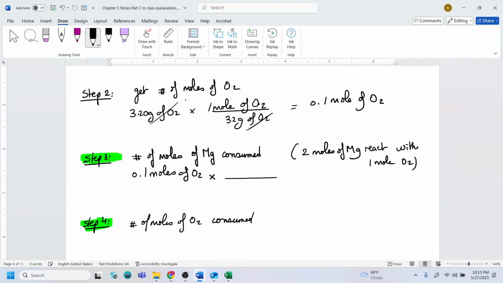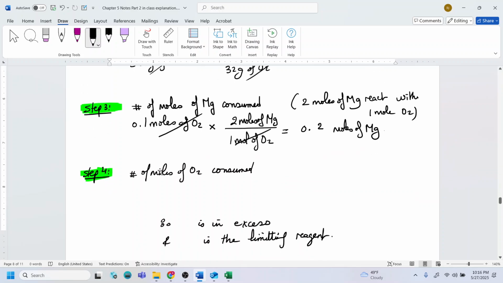This way, I get the moles of the magnesium that is consumed, the moles of the magnesium that is used. So this is 0.2 moles of magnesium.